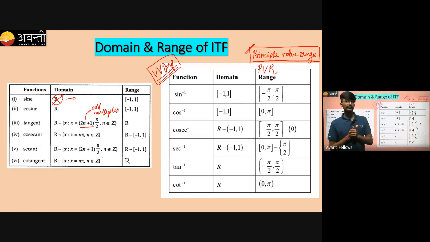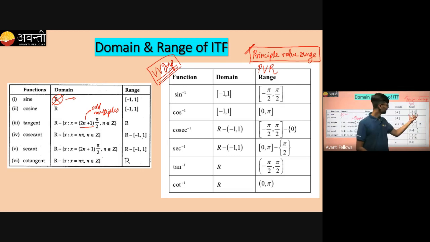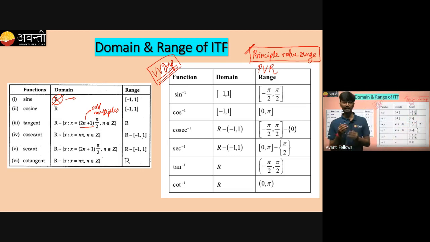Okay, let's try one example. Suppose I ask the value of sine inverse of root 3 by 2. So the output will be an angle. I have to give an angle which is in this range, -90 to 90. It's very simple. Which angle of sine gives root 3 by 2?